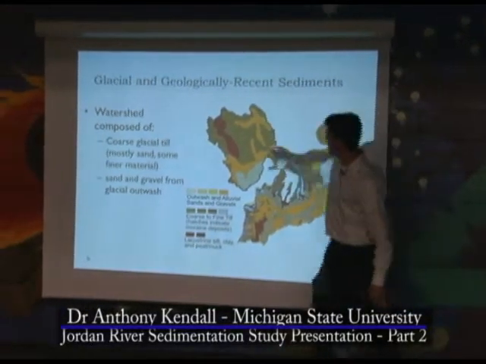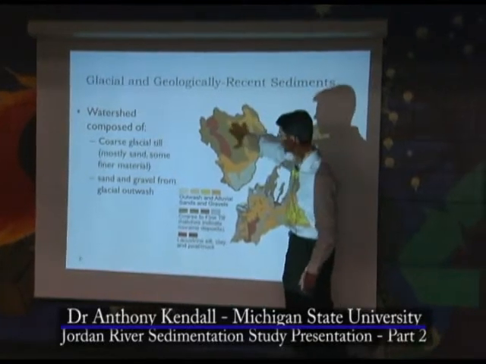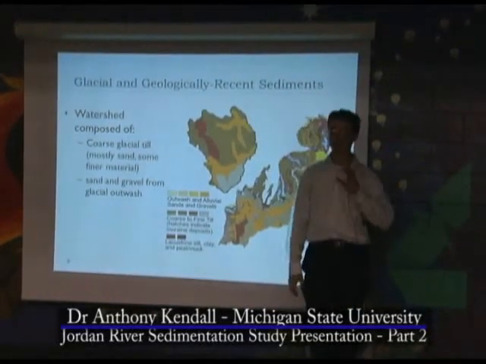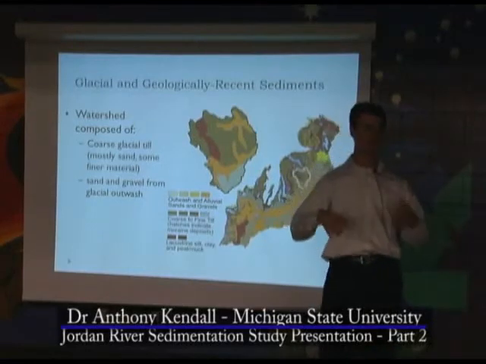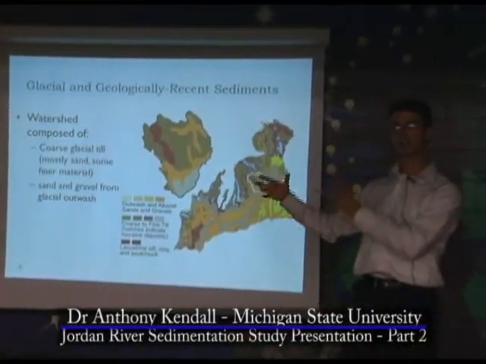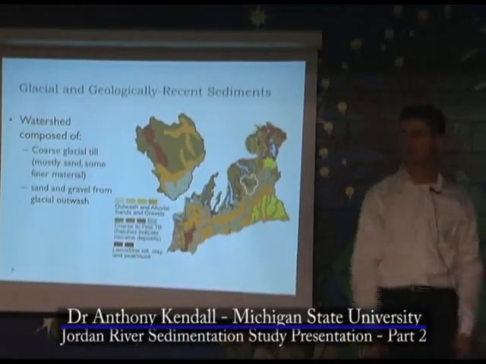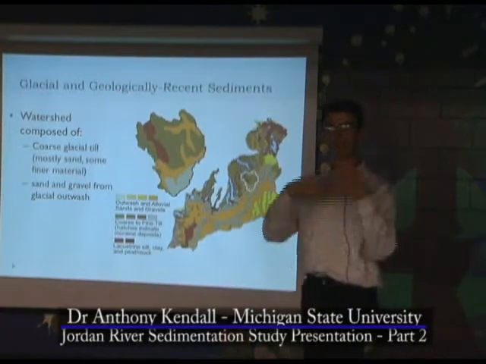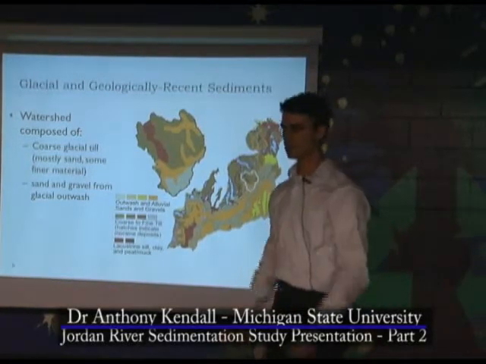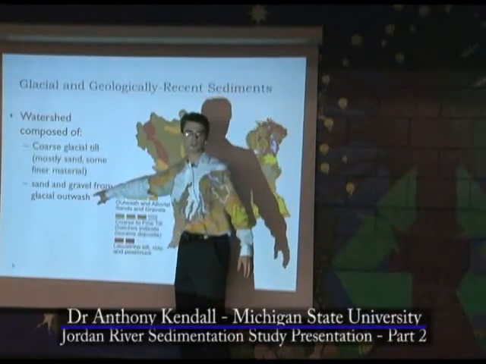And the dominant one in parts of the Jordan River watershed is glacial till, a material that's just scraped along the bottom by the glacier, or maybe it's carried within the glacier. It gets scraped along the bottom and then frozen inside and then carried over 1,000 miles. And then when the glacier melts, it just kind of dumps it down. That's glacial till. Or it contains sand and gravel from glacial outwash.